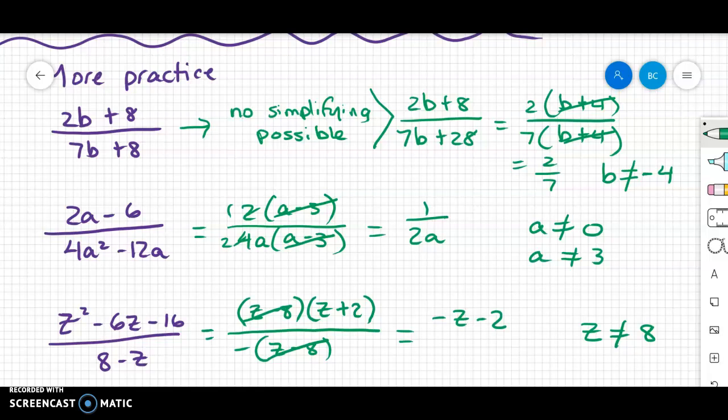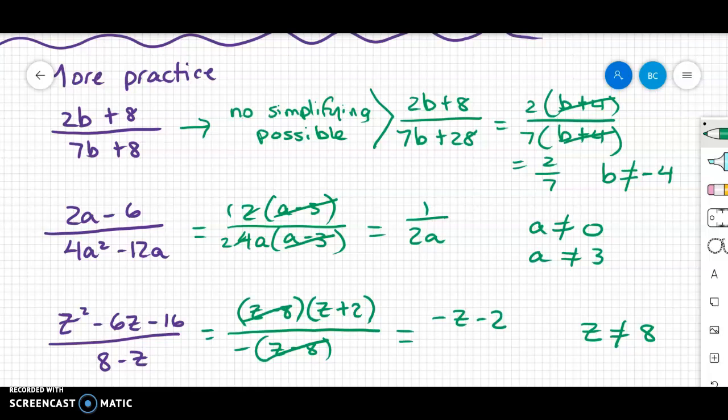This final problem, I'm going to factor this into z minus 8, z plus 2. And I notice that my denominator has the same terms, they're in the opposite order, so I'm going to factor out the negative there, and then I end up with z minus 8. So I'm trying to create factors.